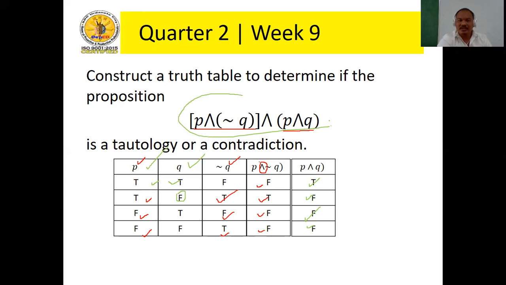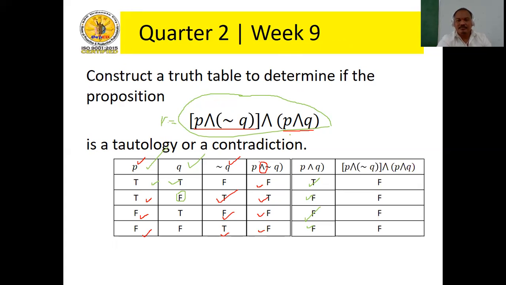Sometimes you can say the table reflects this as the column of R, where R is equal to this whole proposition. But in our case, we have the basic operations.